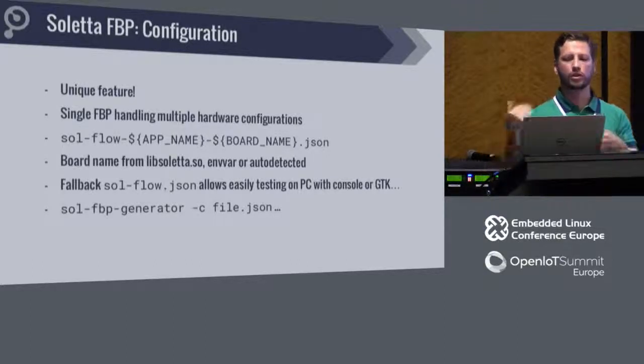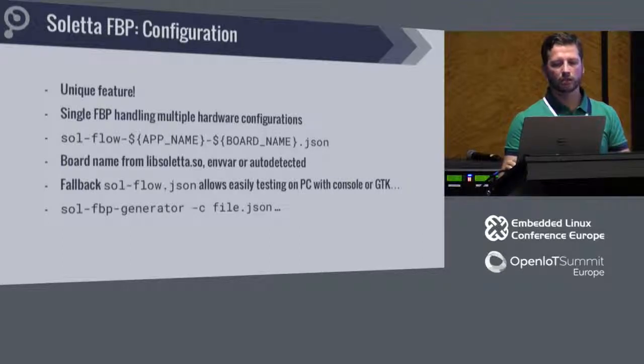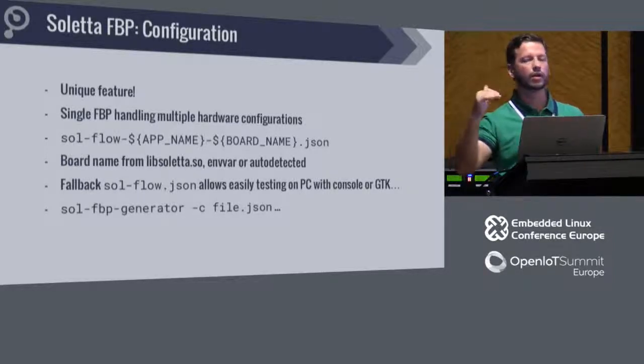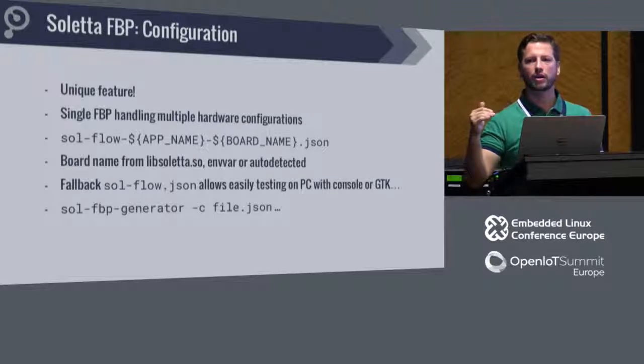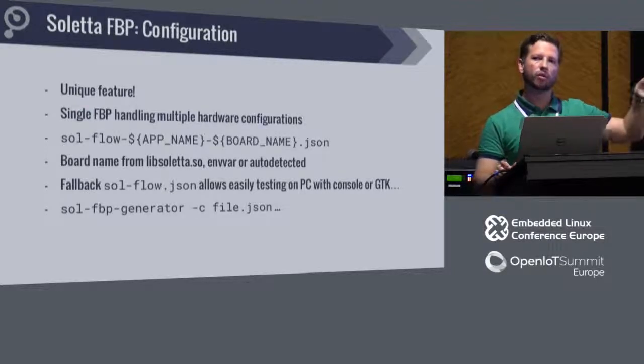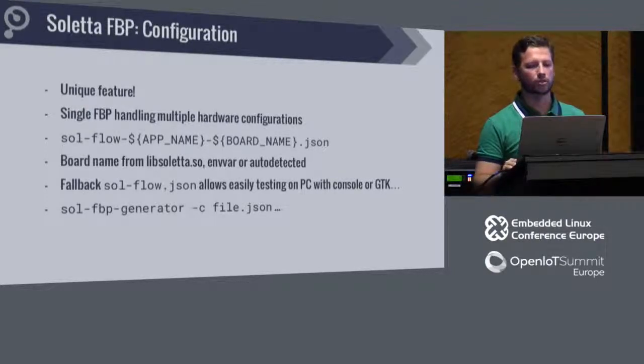I don't want it to use the Linux file, so you can manually specify. And it's even auto-detected. If you're running on Linux, it will use a series of regular expressions from a JSON file, and it will detect this is a BeagleBone Black. So these are the settings that I should be using. This is an Intel board, so these are the settings that I should be using. It's very neat.